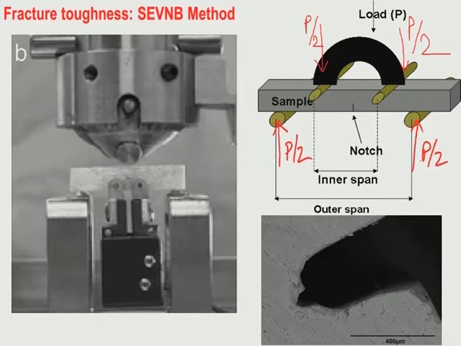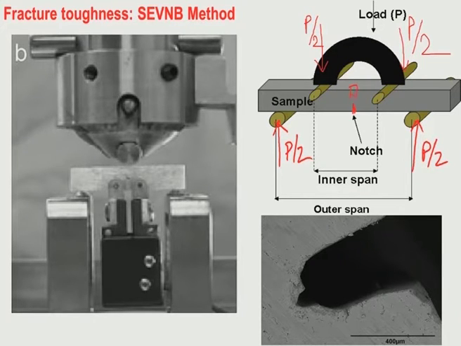Every action has an equal and opposite reaction, so if P by 2 load is applied from the top, P by 2 load is also experienced at the two rollers kept at the ends of the outer span. Then you put a V notch here on the tensile surface.